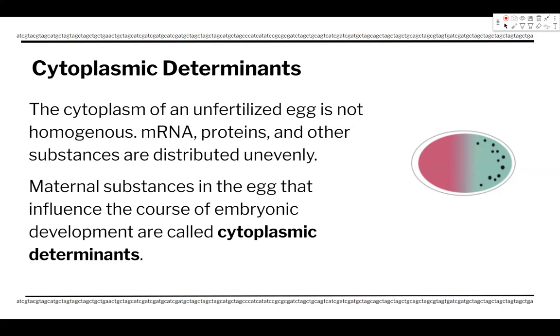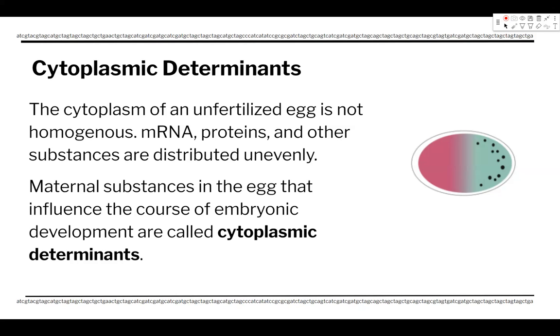If you ever find yourself in a developmental biology class, you find out relatively quickly that most embryonic development is just based on concentration gradients, the amount of a certain substance in a certain location in a cell. So we've got a bunch of different proteins, a bunch of different RNA, and some other substances that are just hanging out in their specific area of the egg cell.